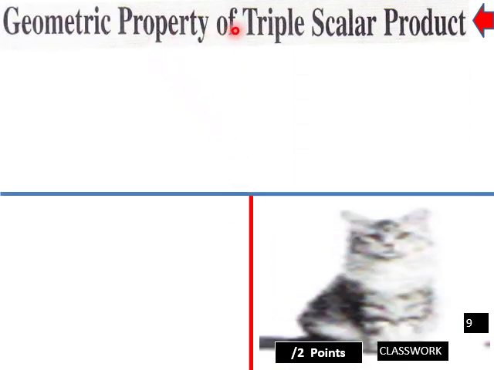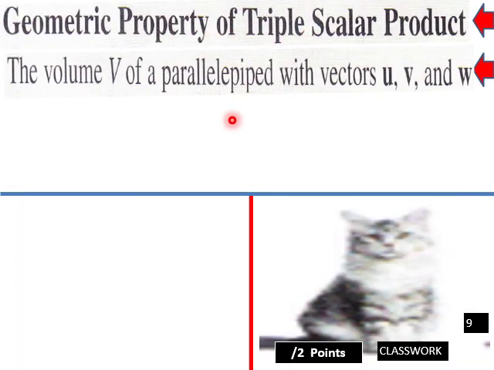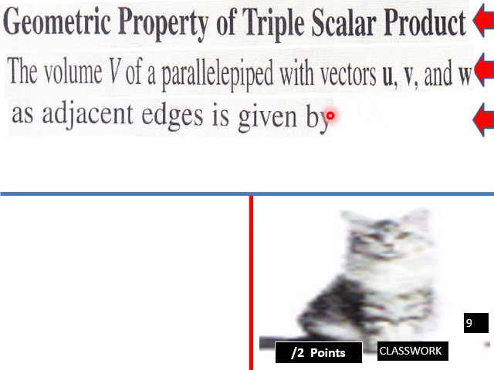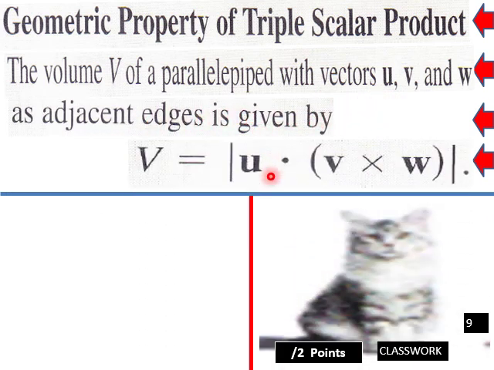So the geometric property of a triple scalar product: the volume V of a parallelepiped with vectors u, v, and w as adjacent edges is given by V equals the absolute value of u dot quantity v cross w.